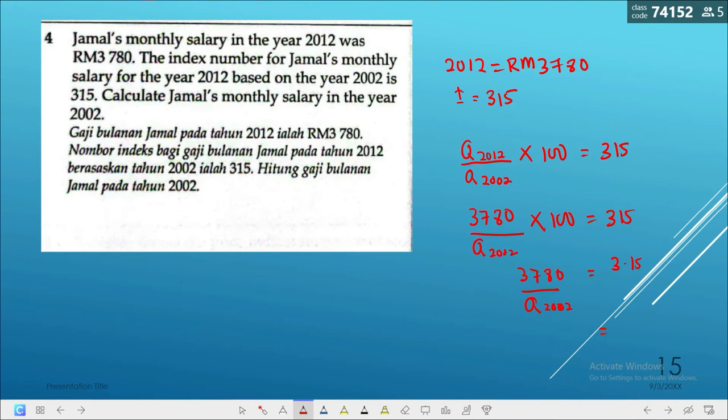So 3780 divided by 3.15. So you will get 1,200. So that is his salary during 2002.